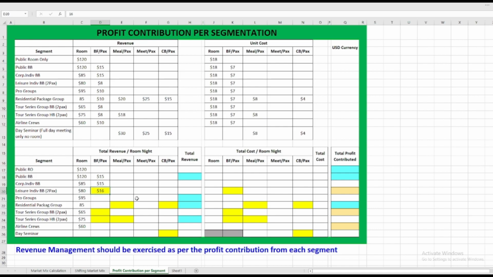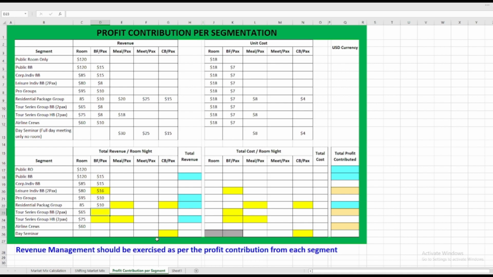That's the revenue breakdown. The professional group is $10, single occupancy. Residential package, the same, breakfast breakdown is only $10 because it's single occupancy. Most of the meeting package groups are single occupancy.